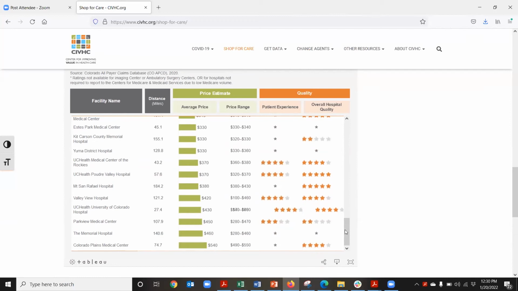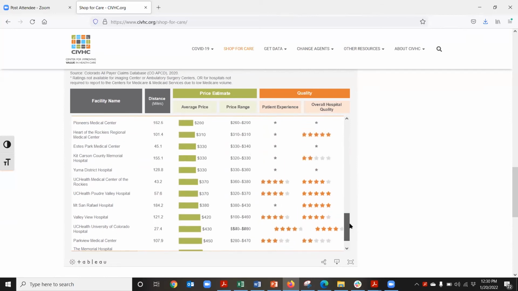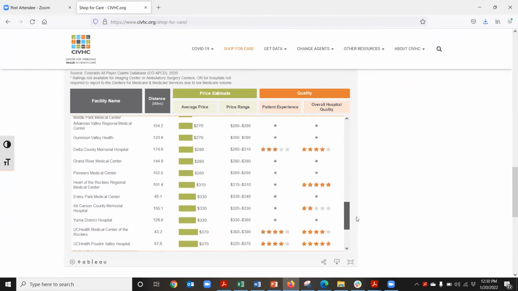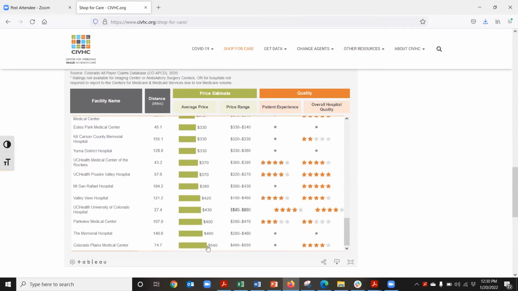So of course, this is in Colorado Plains Medical Center, which is in Fort Morgan. And if you live in Fort Morgan, you might be at a disadvantage, because if you want something at a lower price, that means you have to travel a little farther to do that. But you can just see here the wide variation in prices.